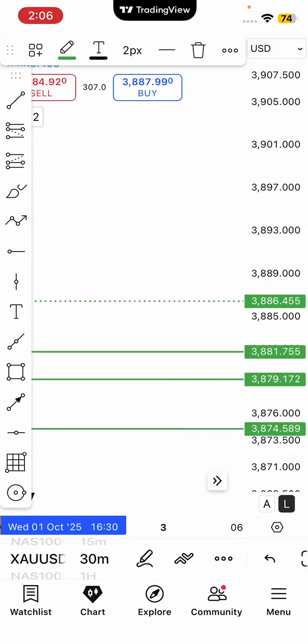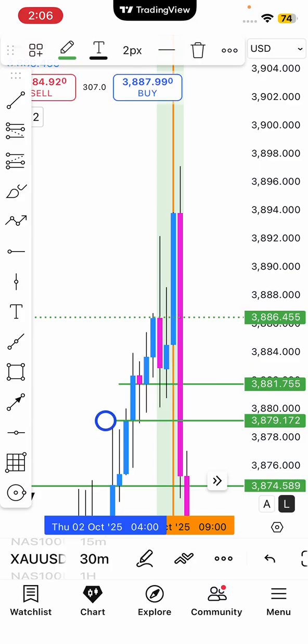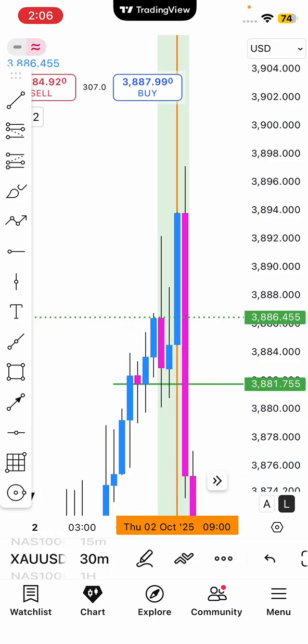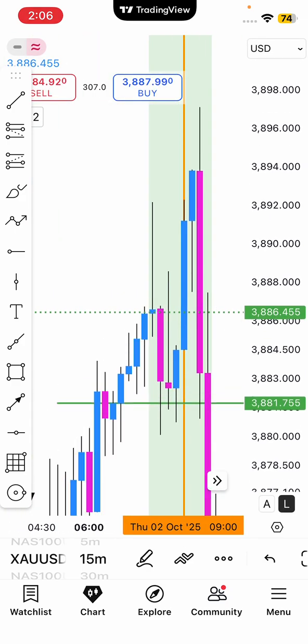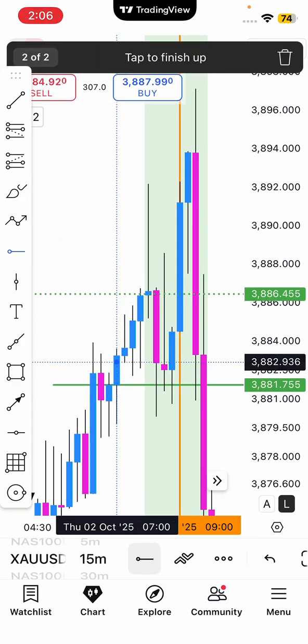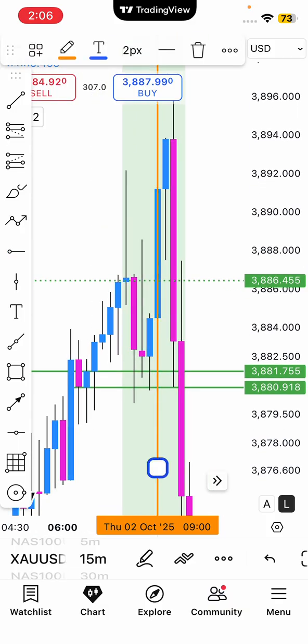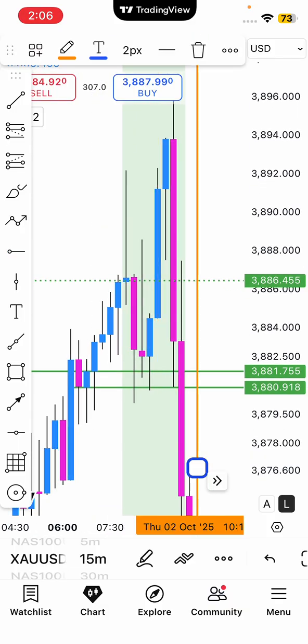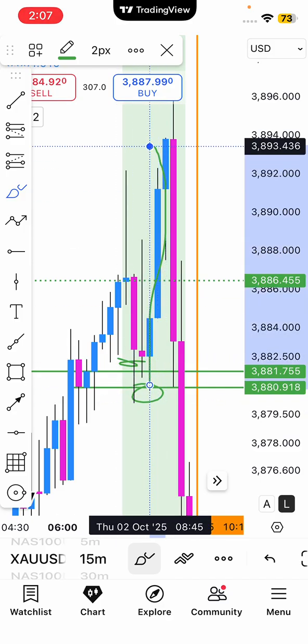I go to the 30-minute, right? And then I noticed that price respected this level here. So this level overlaps. I go to the 15 just to see if there's any further refinement. So these are the 2 levels that I would take. So if you get stopped out on one, then this one could be the one to take you into profit.